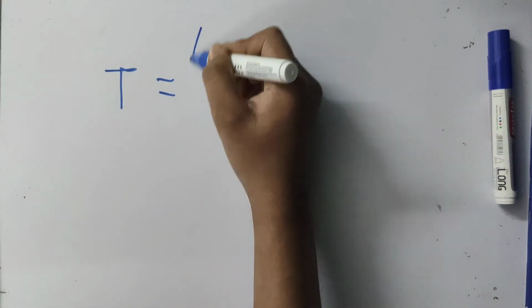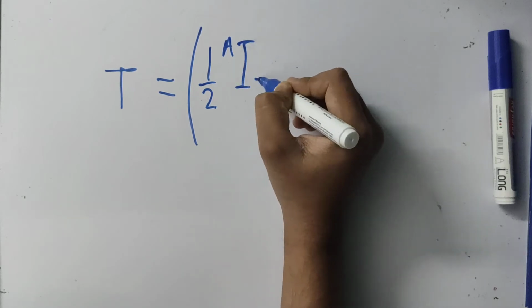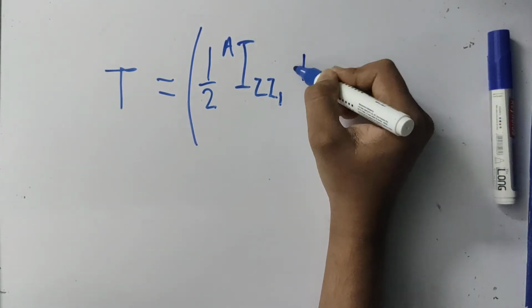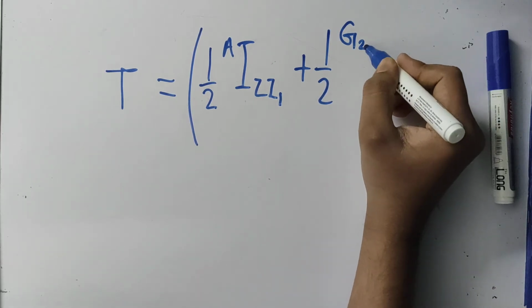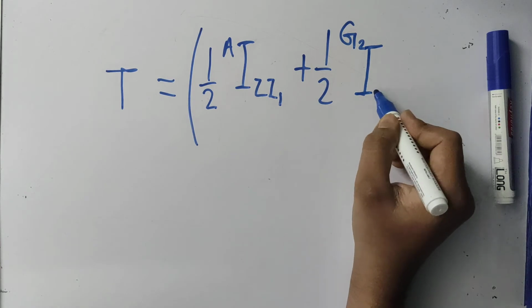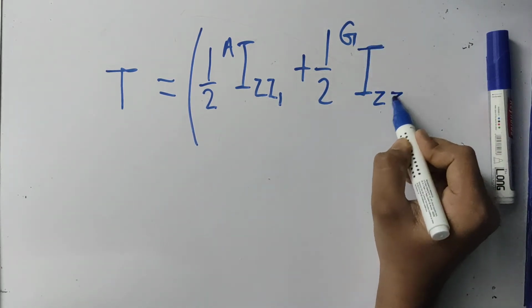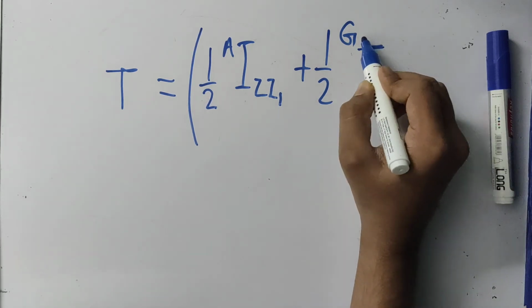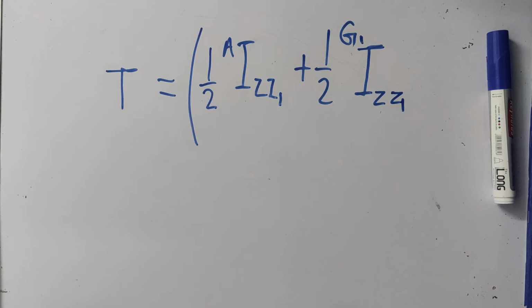It is basically half I_zz,G2 plus half I_zz,A.